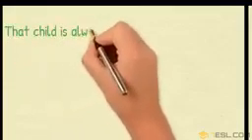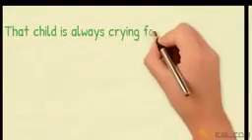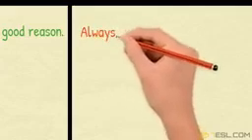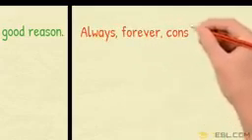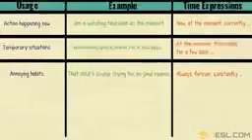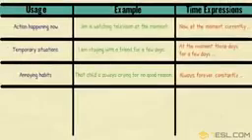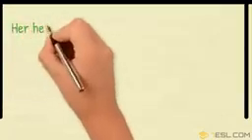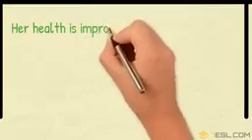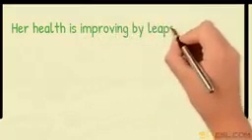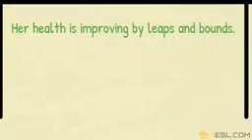Annoying habits. That child is always crying for no good reason. Always, forever, constantly. Changing situations. Her health is improving by leaps and bounds.